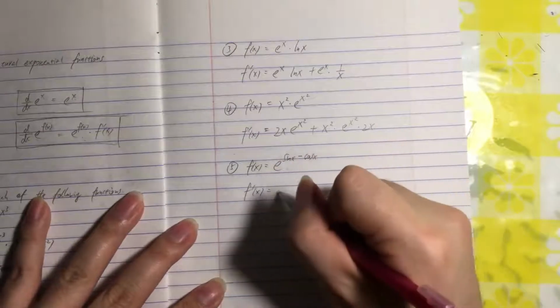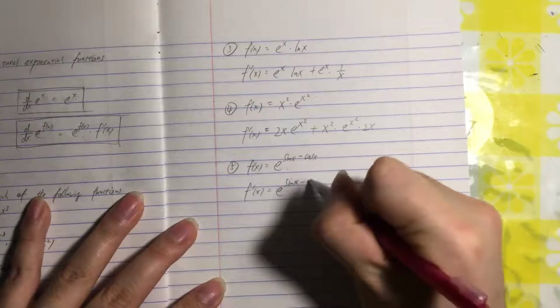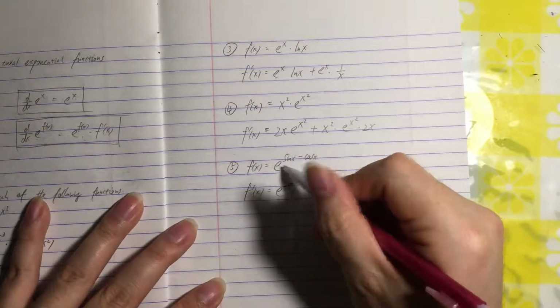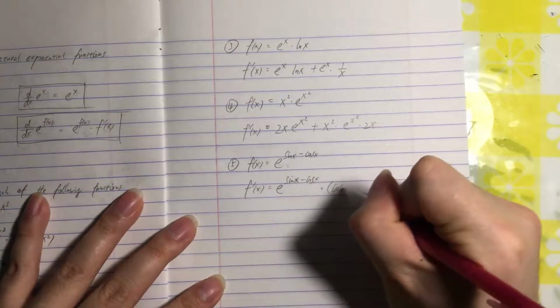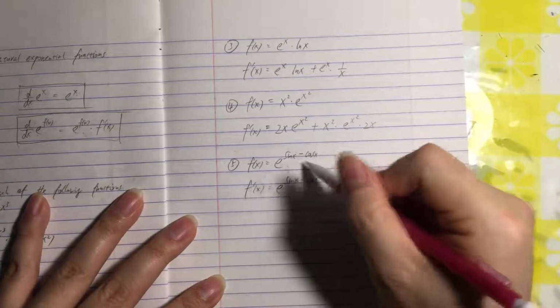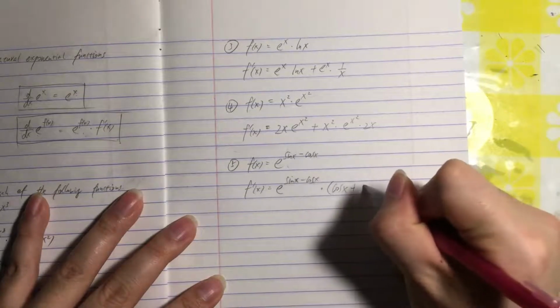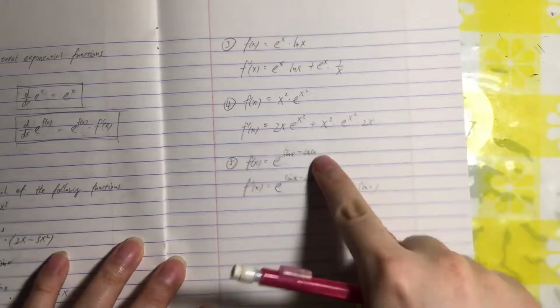So we get e to the power of sine x minus cosine x, times the derivative of the exponent. Derivative of sine x is cosine x, minus derivative of cosine x. Derivative of cosine x is negative sine x, so it becomes a positive sine x. That's the derivative of this function.